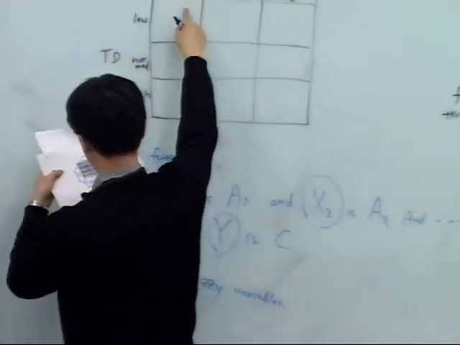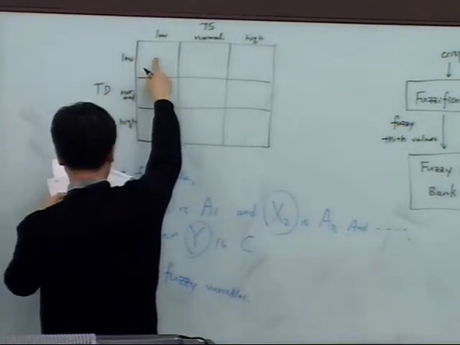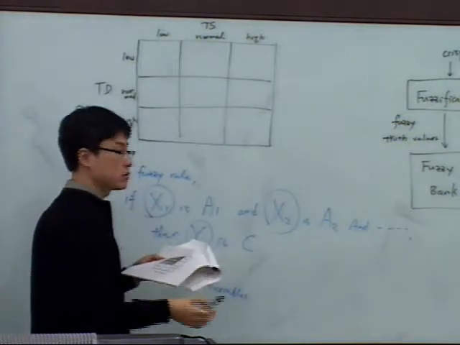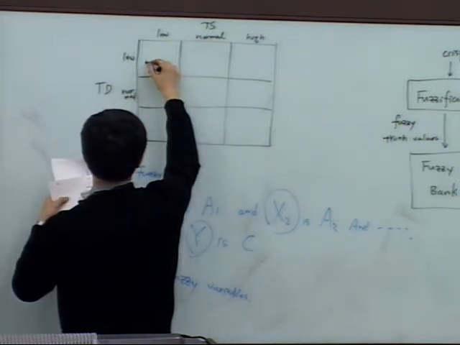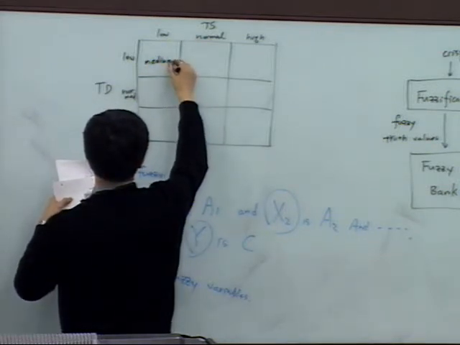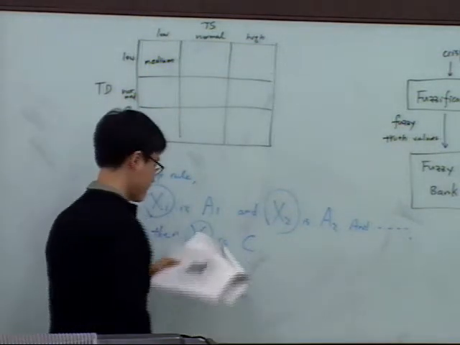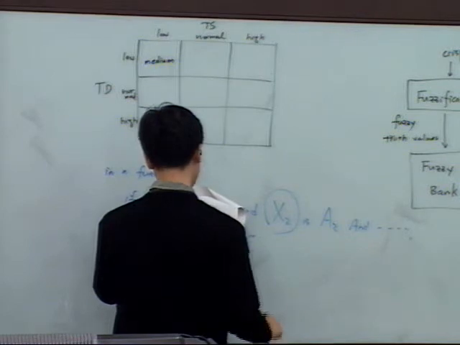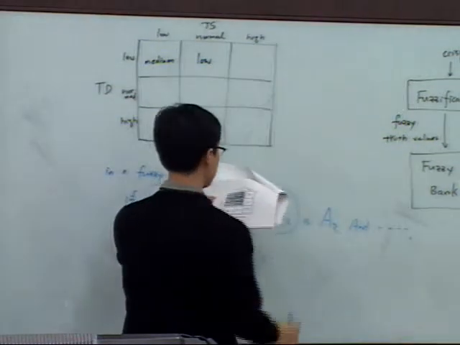So the rule was, if supply is low and demand is low, then based on our knowledge, the new order demand will be medium. And that is rule number 1. If the supply is normal and demand is low, then new order tonnage will be low.